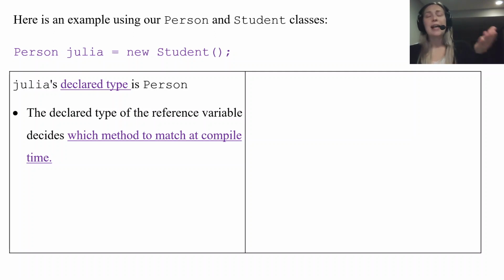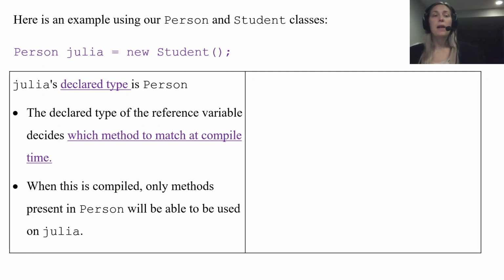It has to be in the person class, or it can be in any classes above person, which there's not in our examples. But that declared type says which method you're going to match at compile time. When it's compiled, only methods present in person will be able to be used on Julia, because Julia is declared as a person.